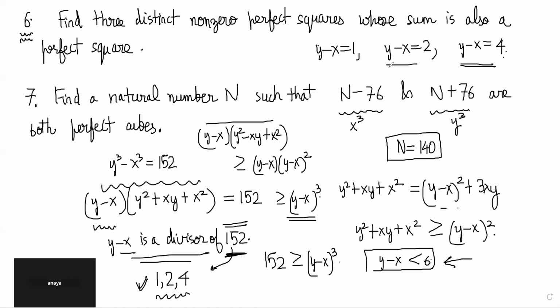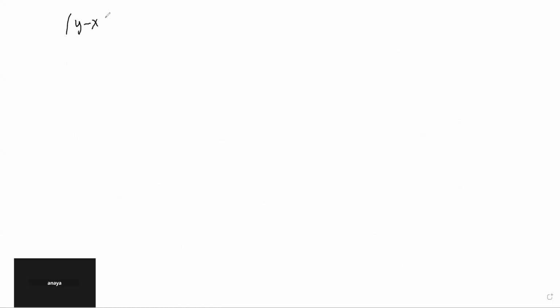So how do I check these cases? I'll take y equal to x plus 1 for the first case. If y minus x is equal to 1, we have y square plus xy plus x square is 152.